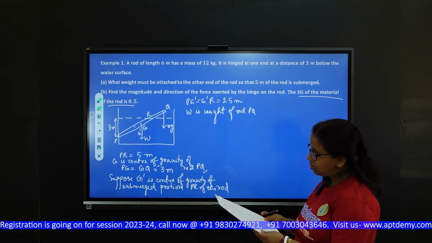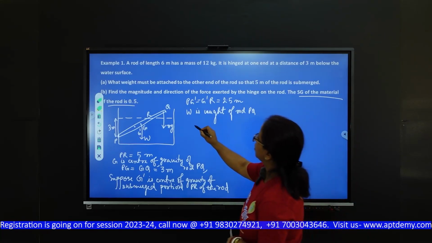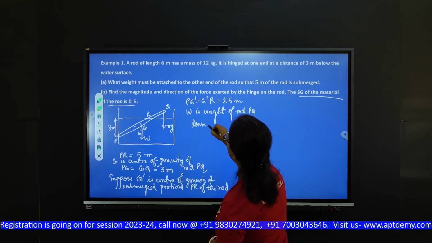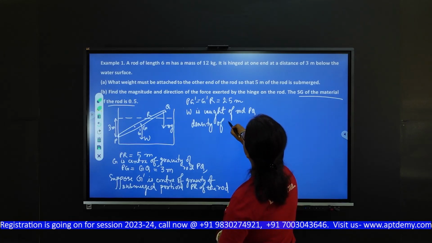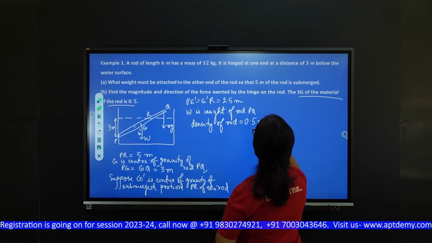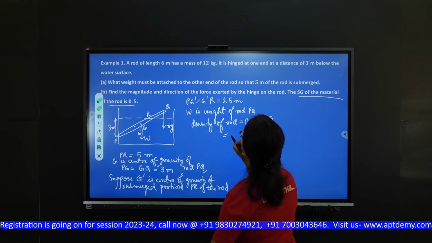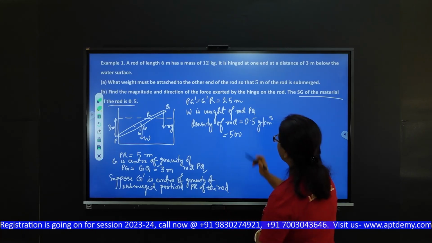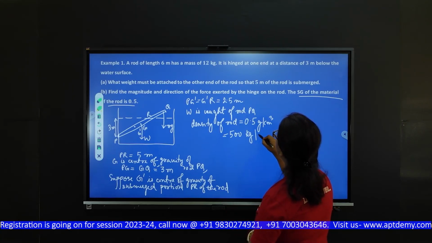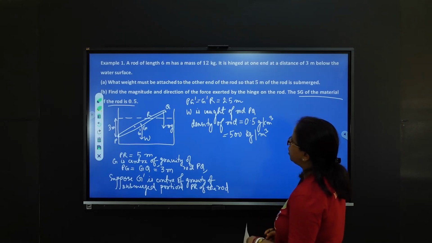But if we consider the SI units, the density of the rod will be equal to 0.5 gram per centimeter cube, multiplied with 1000 to get the density in SI units. So this is 500 kg per meter cube.